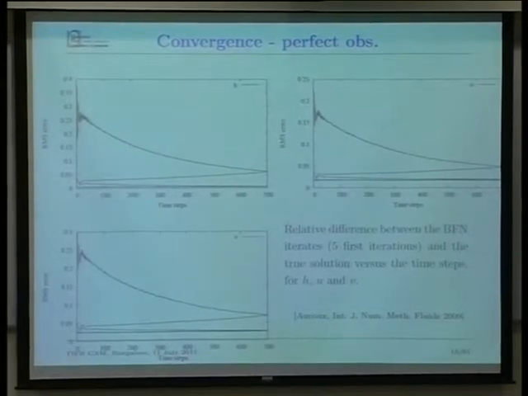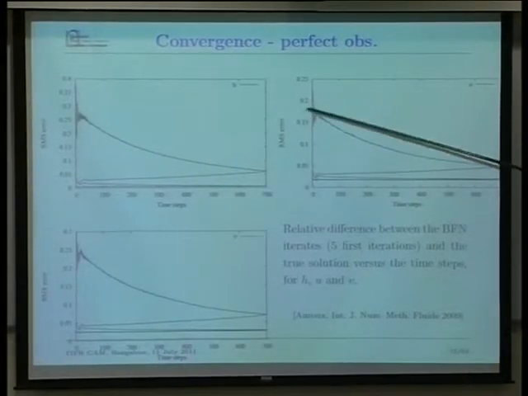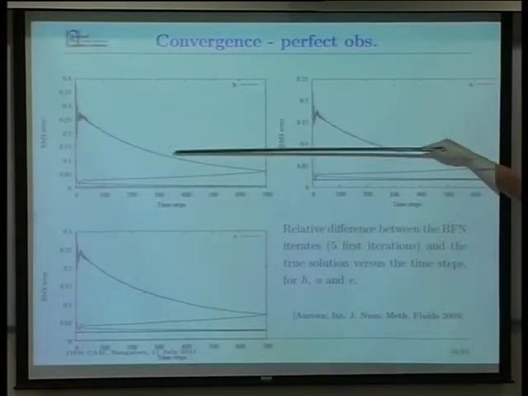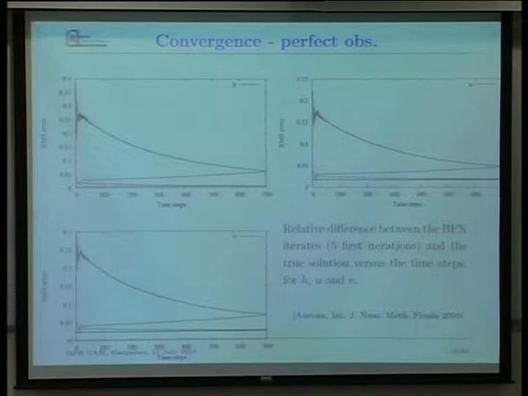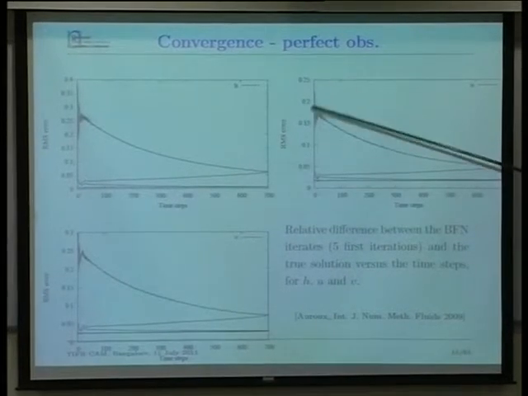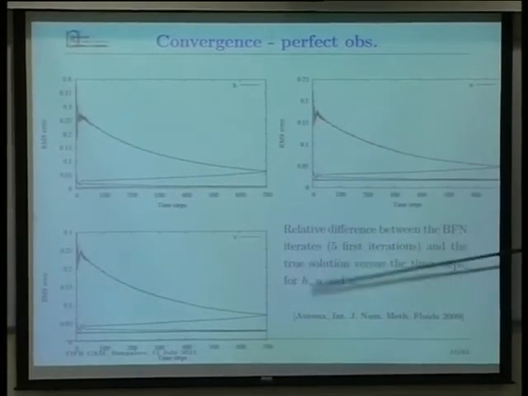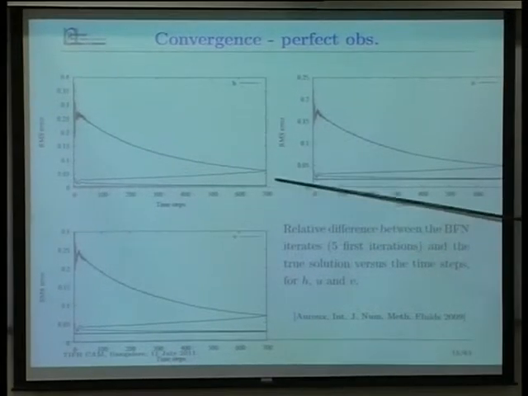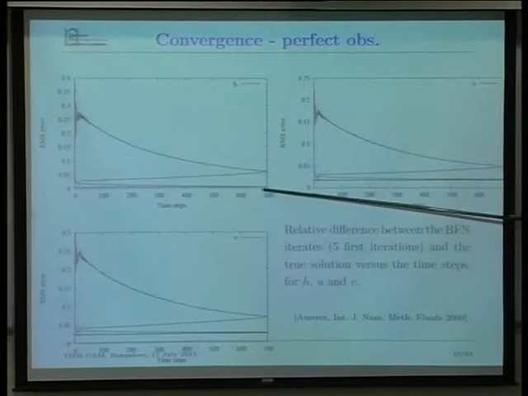So just to show some convergence results of the root mean square error. It's a relative RMS for the 3 variables, sea surface height and velocity. Here there is no noise on the observations, and this is the assimilation window.